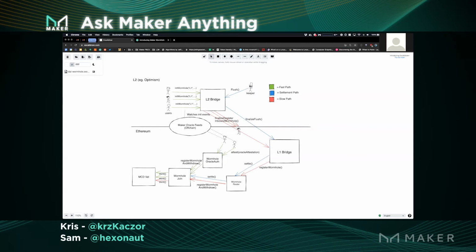But I think the more exciting thing about this is to think about what the ecosystem could build on top of this once it's there, right? Because we're talking about just moving DAI from chain to chain. But if you have the right kind of liquidity pools, you can move more than just DAI. You can swap your ETH into DAI and then move the DAI across the Wormhole bridge.